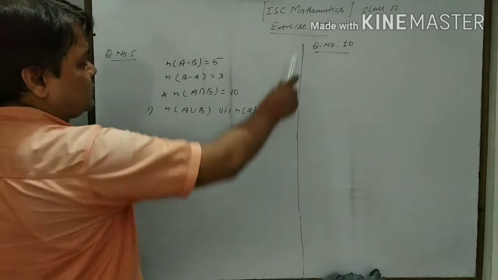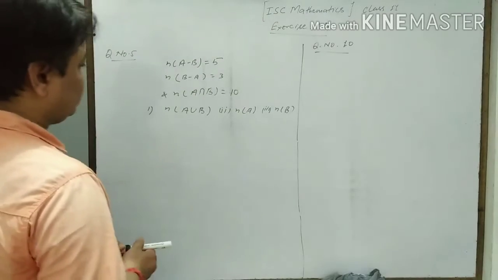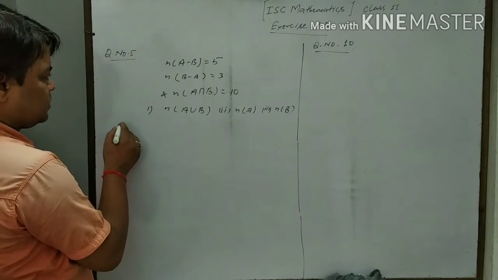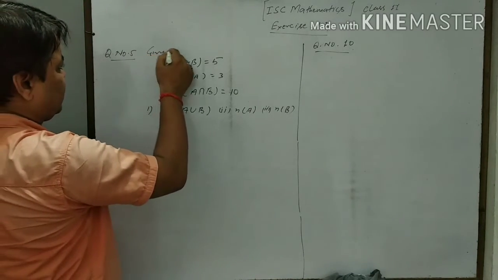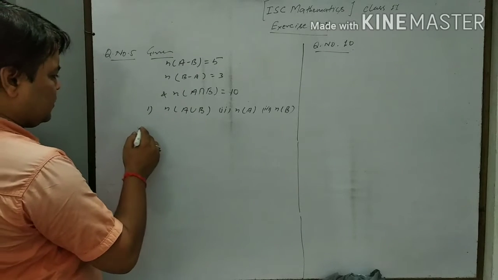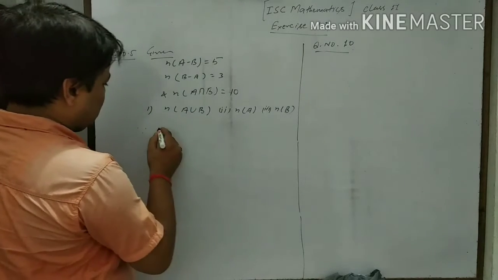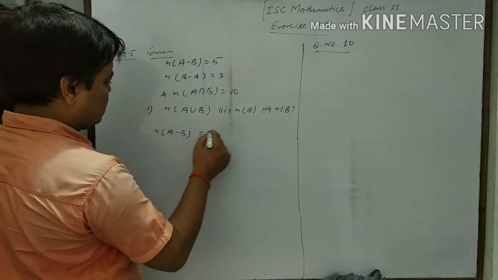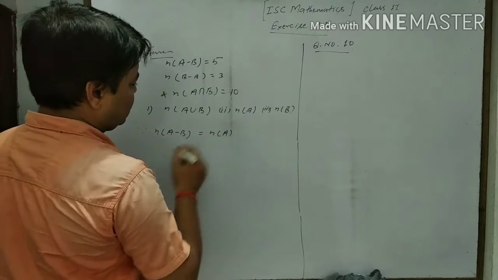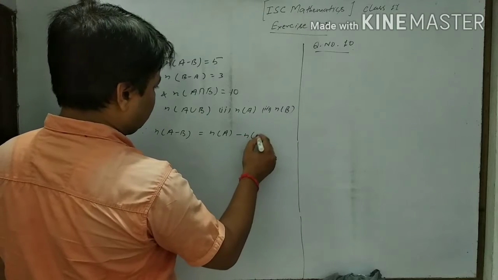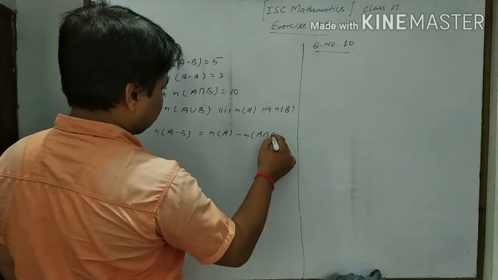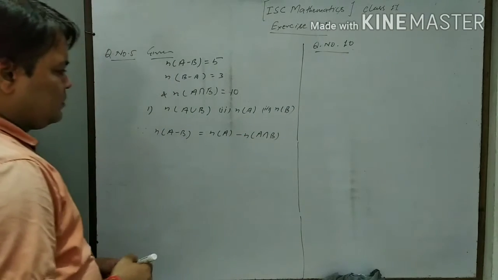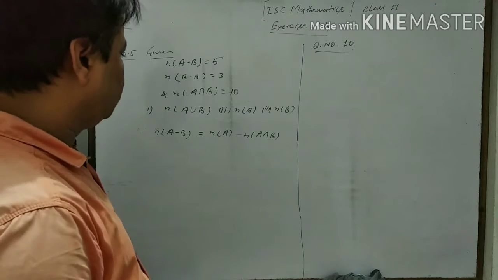Question number 5 of exercise 1.4. Solution: since we know that cardinal number of A minus B is equal to cardinal number of A minus cardinal number of A intersection B. This is the formula.